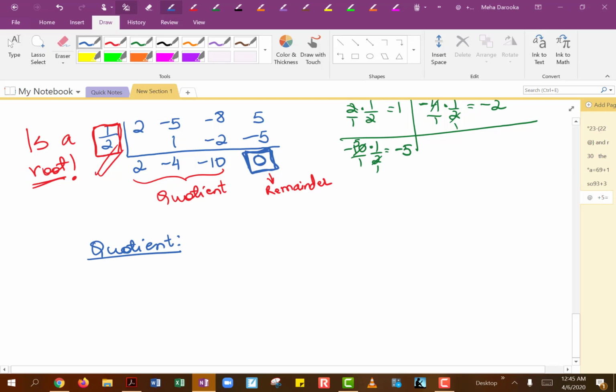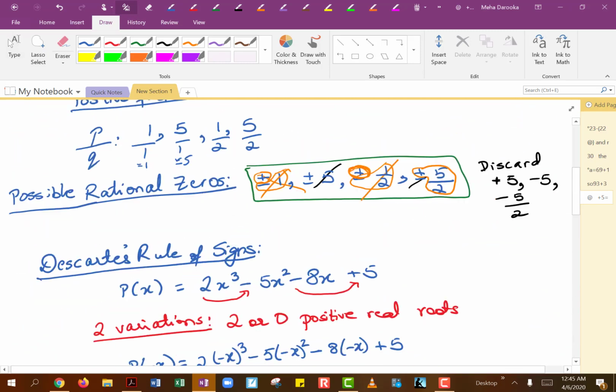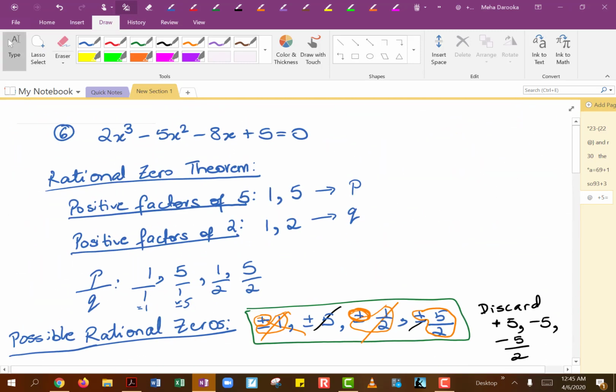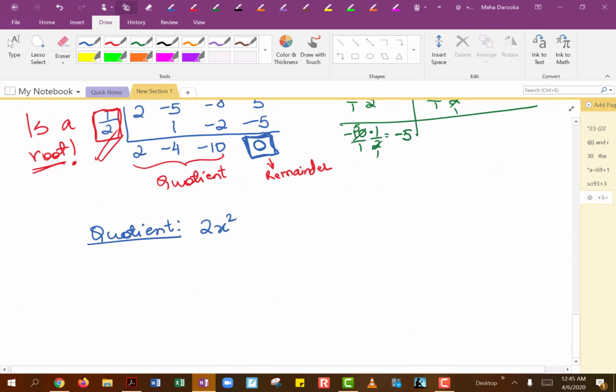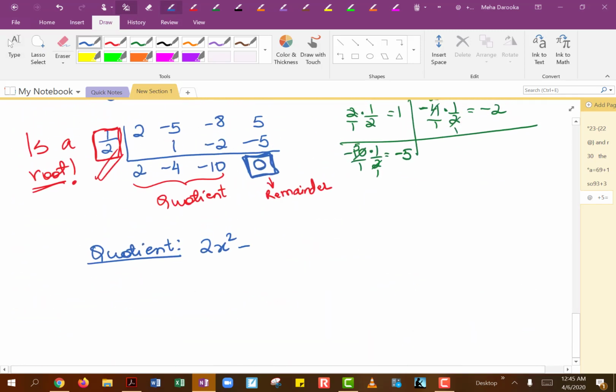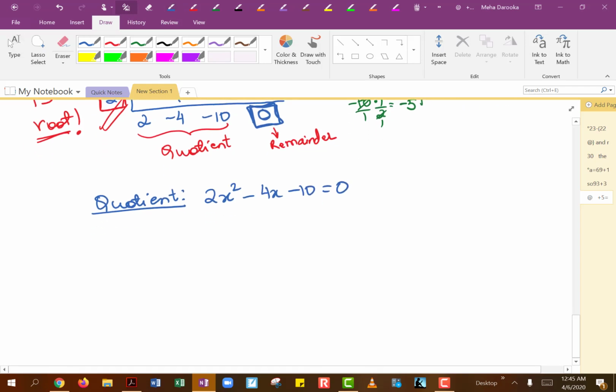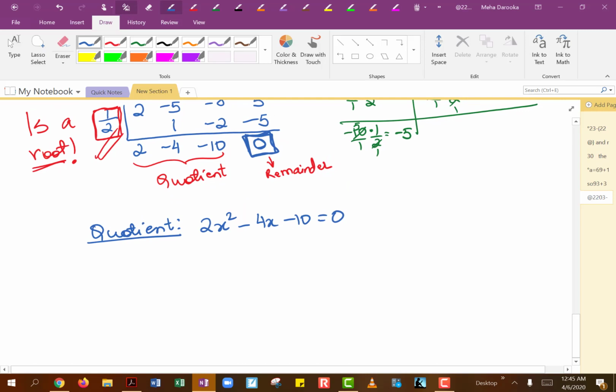Which will be 2x squared. Remember, this is a third degree polynomial, so your quotient will be 1 degree less than that. So that's 2x squared minus 4x minus 10 equals 0. Even right here in your synthetic division, you should see that all of these terms have a 2 in common, so you can actually reduce this quotient by 2.